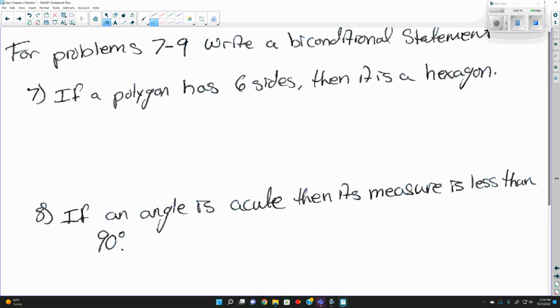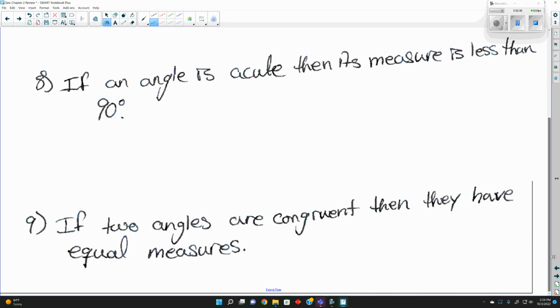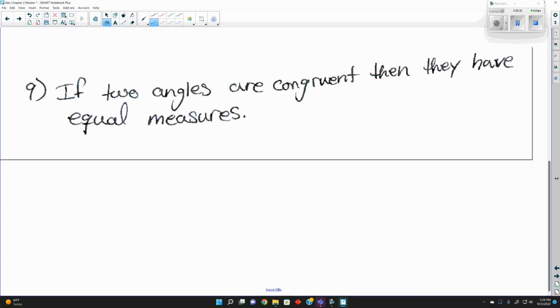Okay. 7 through 9, write a biconditional statement. Which one of these do we want to look at? 7, 8, or 9? If two angles are congruent, then they have equal measures.